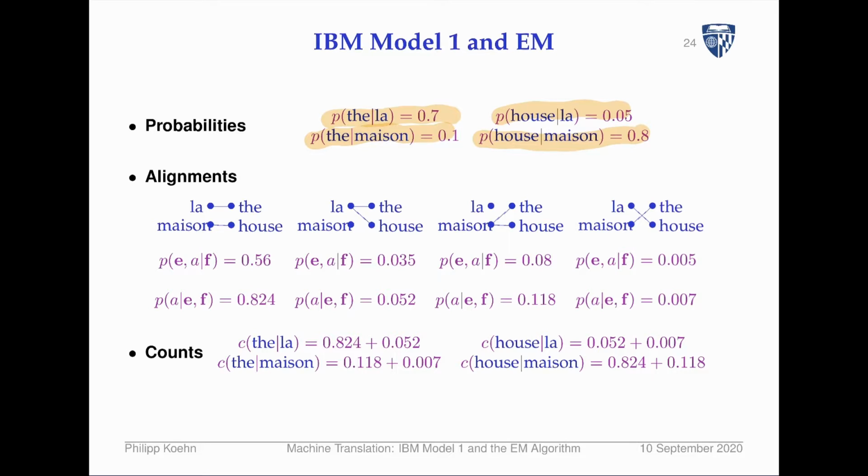So when I said earlier sentence alignment, I mean we're going to look at word alignments for whole sentence pairs. Here is one possible word alignment for a whole sentence pair. This is actually the correct one, where la and the are mapped up, and maison and house are mapped up. So what do we have here?